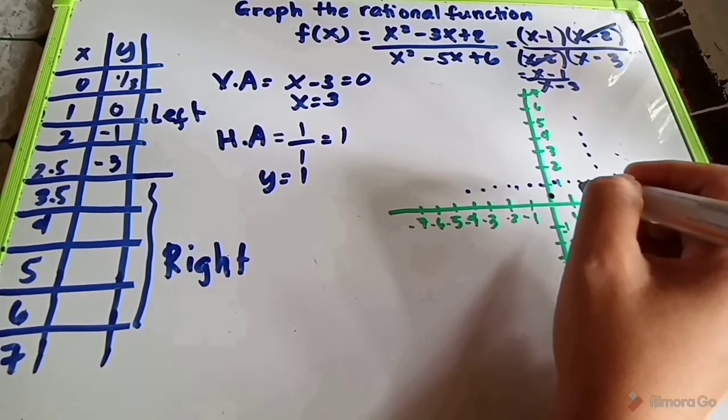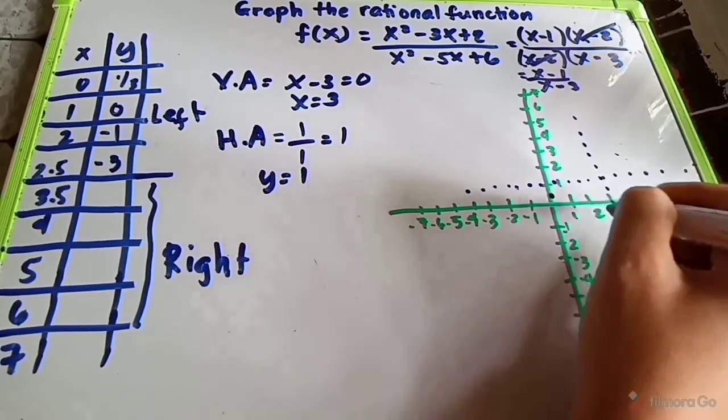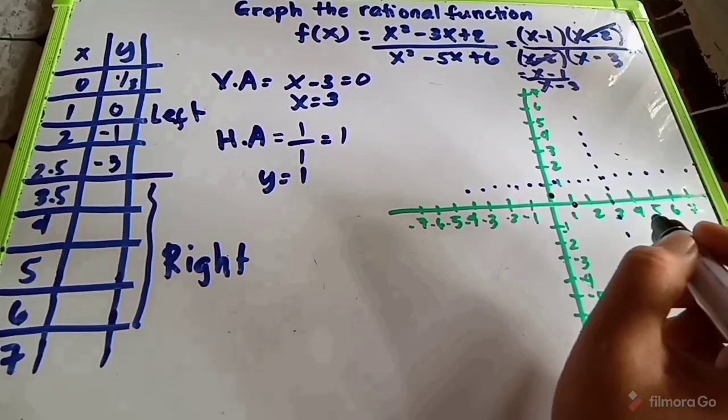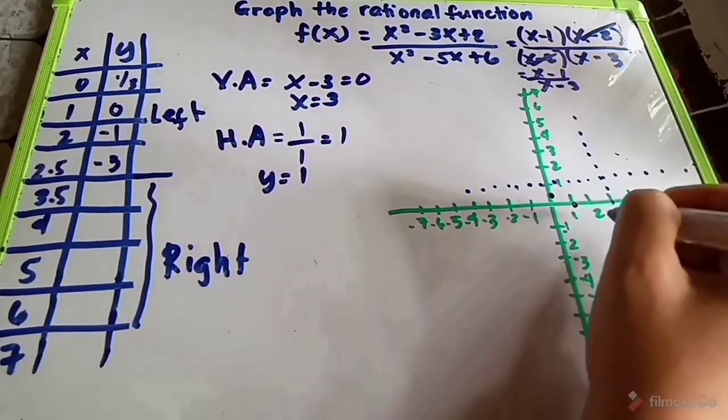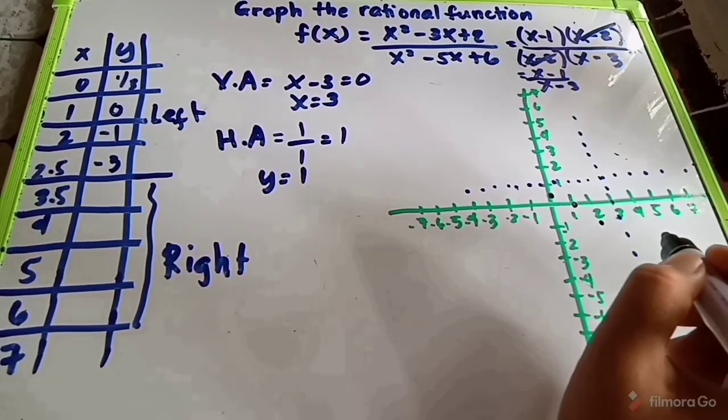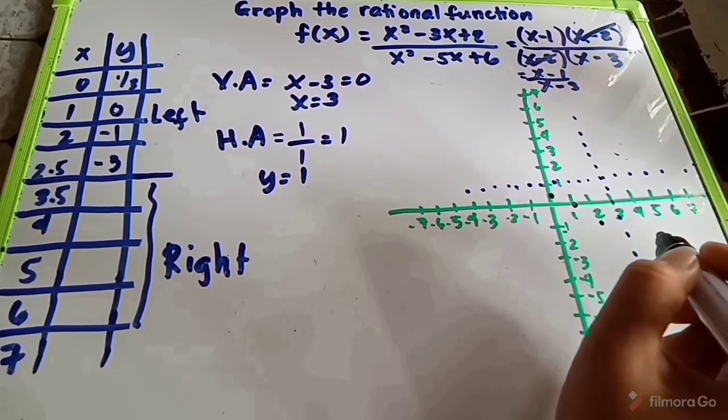And then 0 and 1. Where to plot 0 and 1? And then we have 2 and negative 1 here. And then 2.5 to this 3.